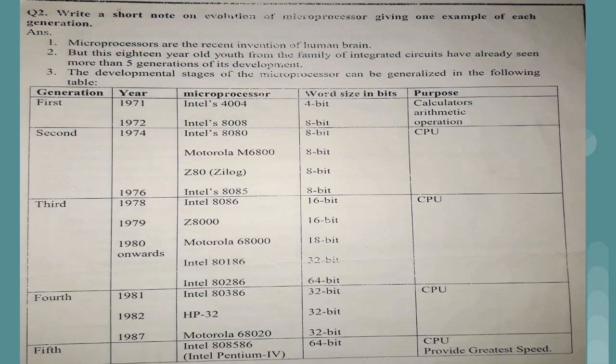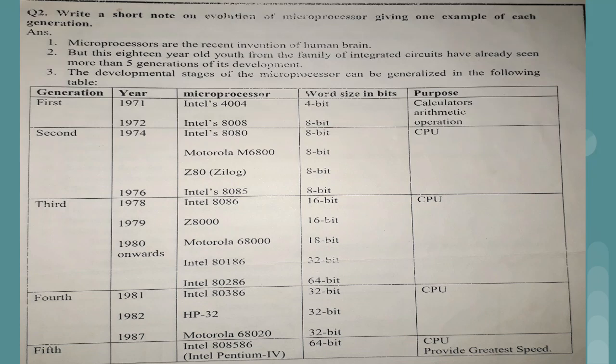If you have the TPS for computer science 2, just check that all these differences are given in bullet format, point-wise, but I have converted those points into a table so that it will be easy for you to remember, because we should remember at least one example from each generation.